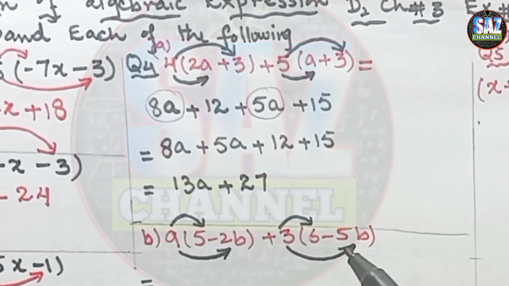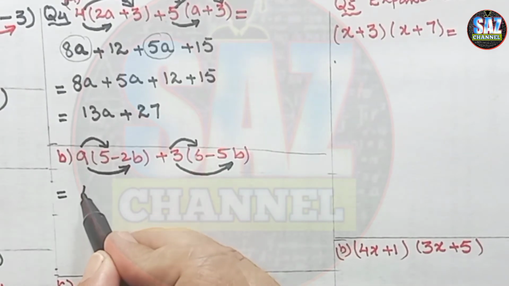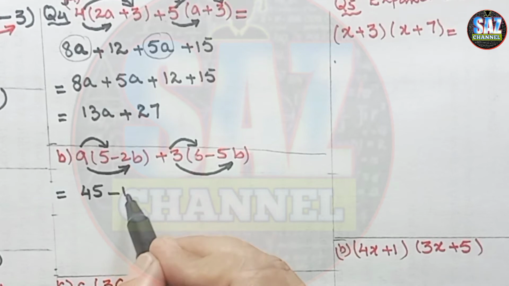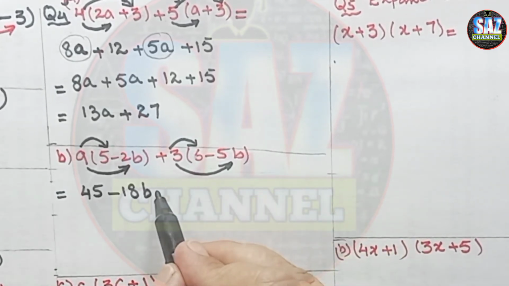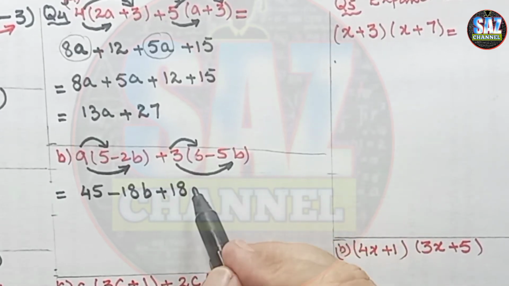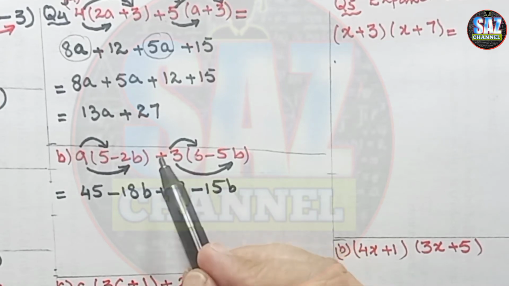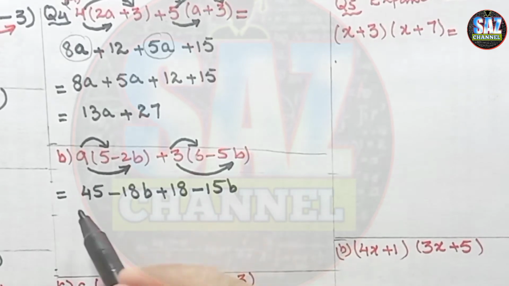Okay, now I should have a good command of the tables: 9 times 5 is 45, and 9 times 2 is 18b, plus 3 times 6 is 18, and 3 times 5 is 15 with minus sign, 15b, because plus sign multiplied by minus sign will give me negative.